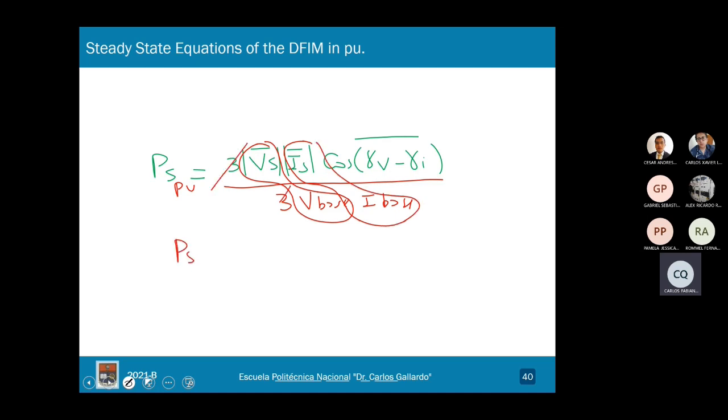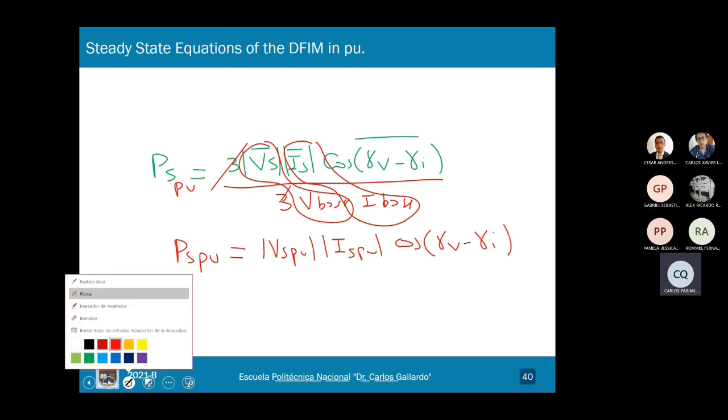This voltage over this voltage, this current over this current is the per unit value and cancels out. So the per unit stator active power is equal to the per unit stator voltage times the per unit stator current times the cosine of the voltage angle minus the current angle. This is for the stator active power.